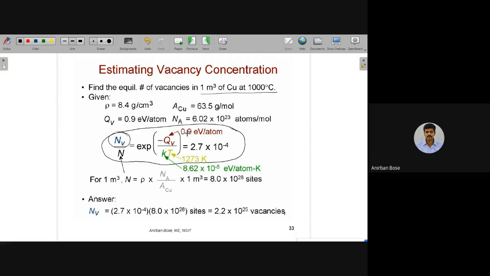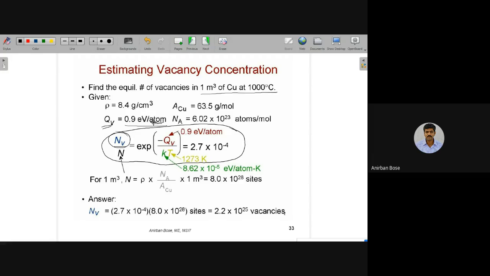Here you can see the activation energy, or the energy required for vacancy formation, is given. The unit is very important. Here the unit is given in electron volt per atom. If it is given per atom, remember we use the Boltzmann constant.